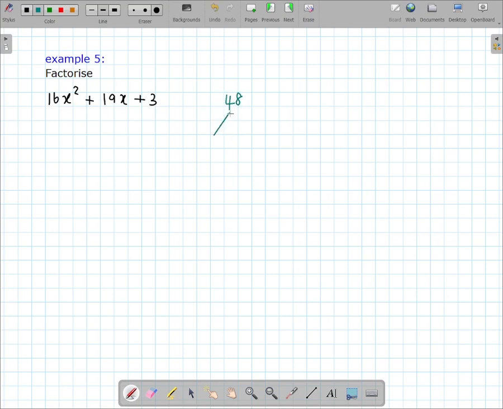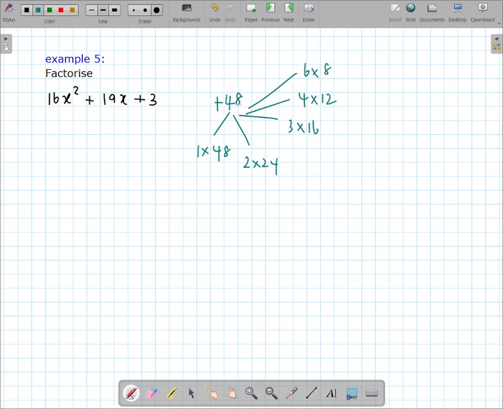Then we have to take the factors of 48, that is plus 48. 1 times 48, 2 times 24, 3 times 16, 4 times 12, 6 times 8.